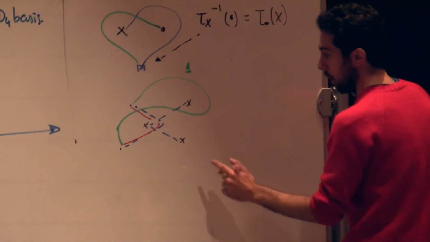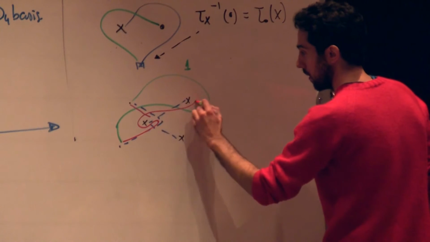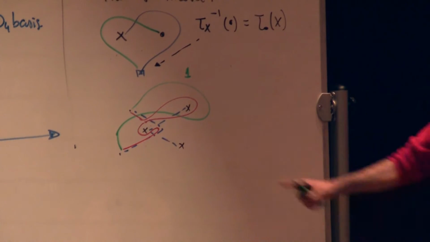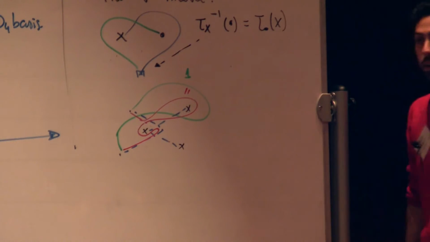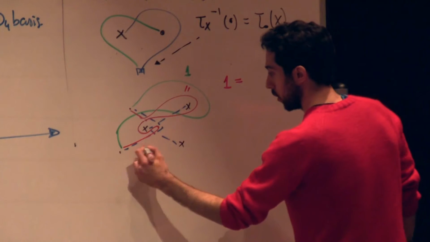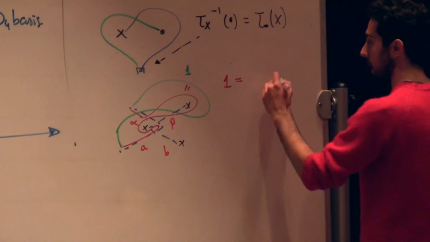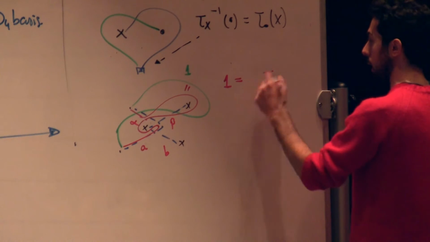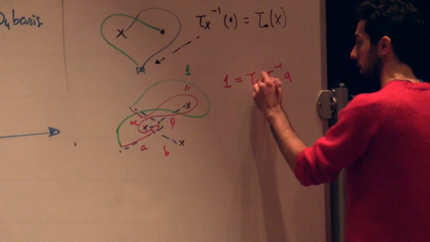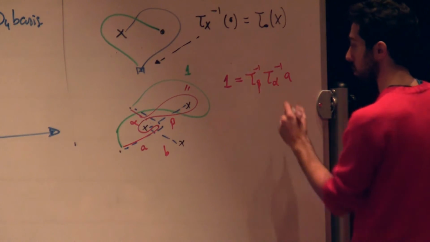And now you apply a half twist along here, and you'll get this thing, and that's exactly the same as the green. So if you call this basis A, alpha, B, beta, it's telling me that it's tau alpha minus 1 of A, and then composed with tau beta minus 1. Well, as I've drawn it, it's minus 1.